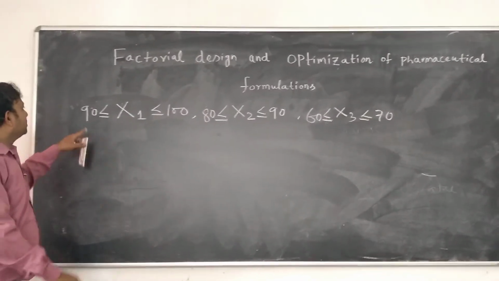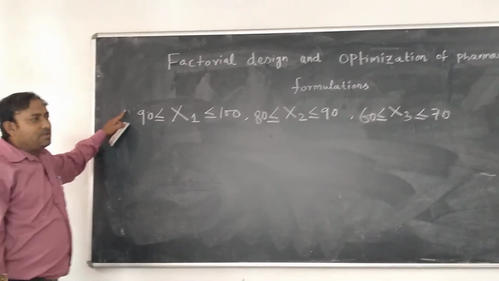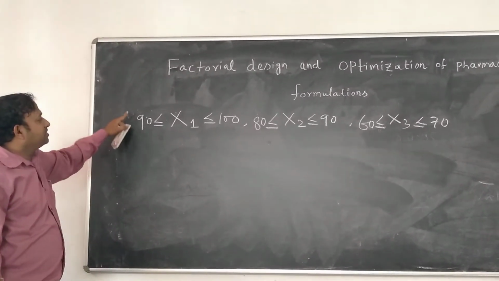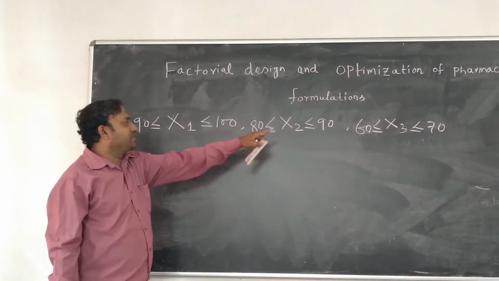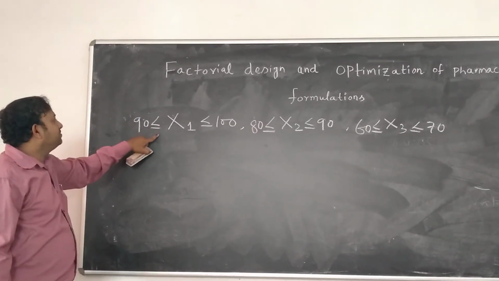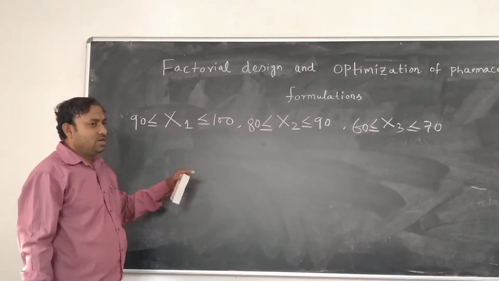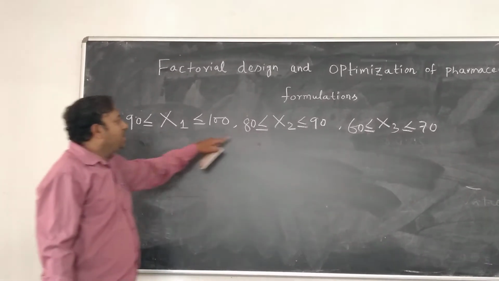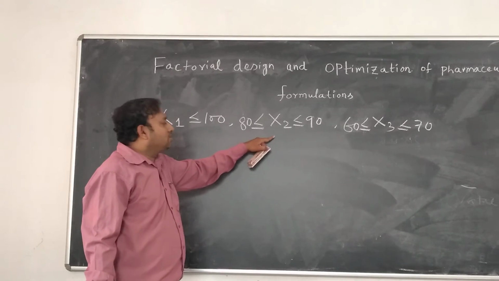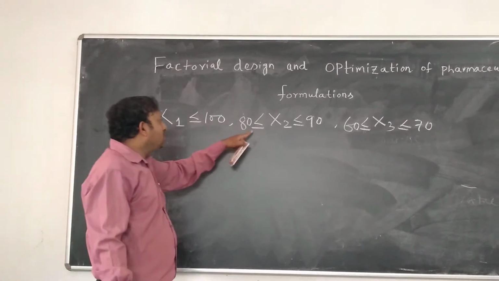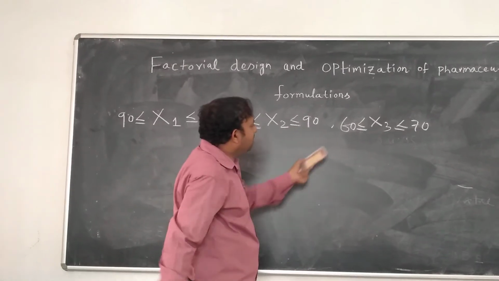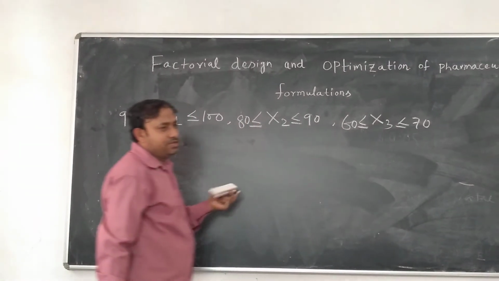So the software gives several optimal formulas. For the three factors x1, x2, x3, suppose the software gives 90 mg to 100 mg, so we take 95 mg for x1. For x2 we take 85 mg, and for the 60 to 70 range we take 65 mg.